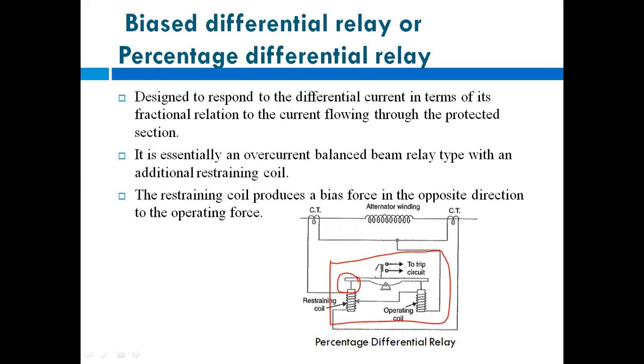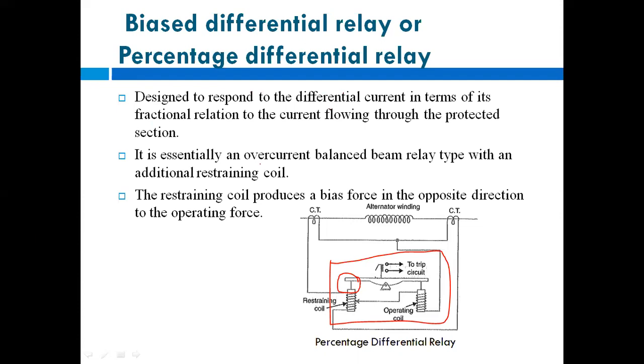It is given that this percentage differential relay or biased differential relay is designed to operate on the differential current in terms of its fractional relation to the current flowing through the protective section. The difference between these two currents will be considered, but in terms of its fractional relation.